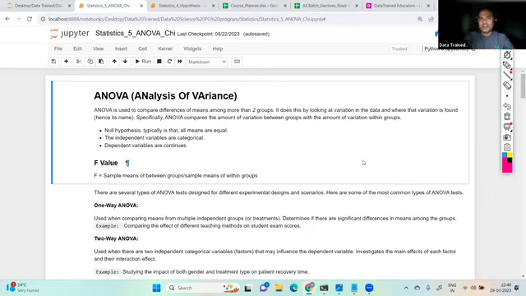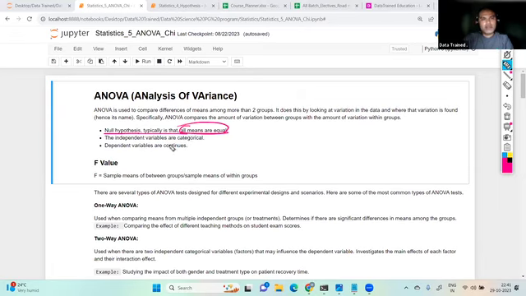So let's see some assumptions here. Very interesting. Usually the null hypothesis is that all means are equal. I will show it practically. Just remember these words: all means are equal.